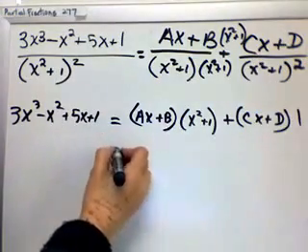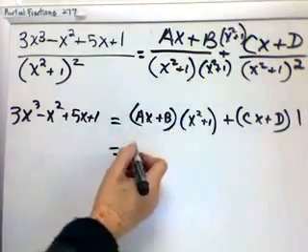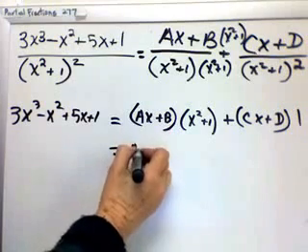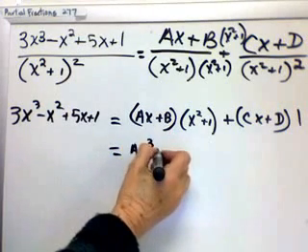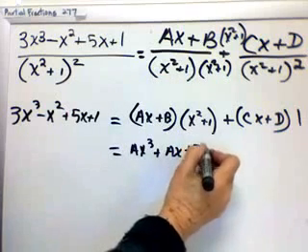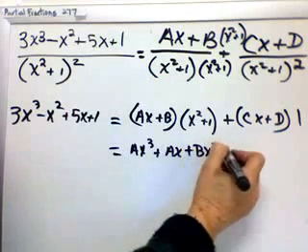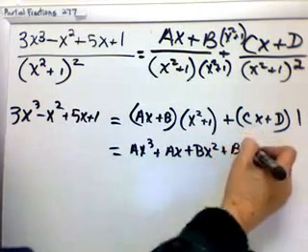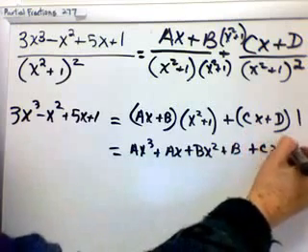Now I'm going to multiply it out. So I have to basically do FOIL. So I have ax to the third plus ax plus bx squared plus b plus cx plus d.